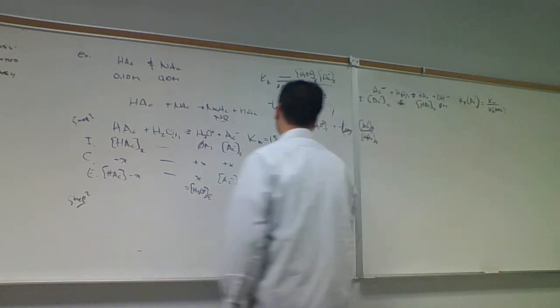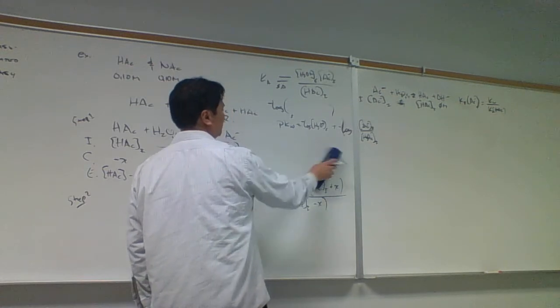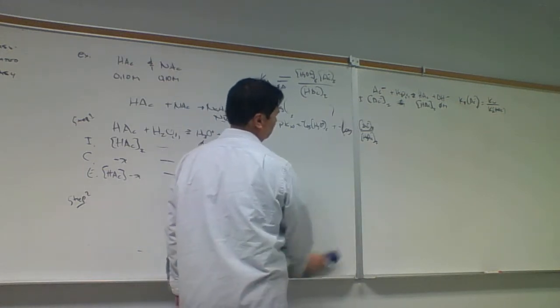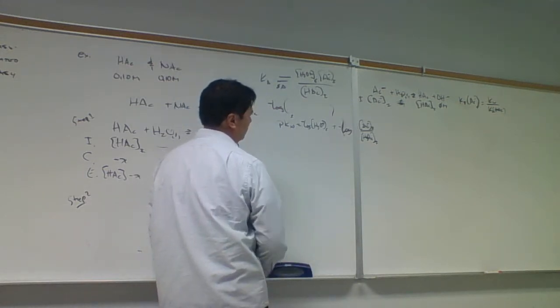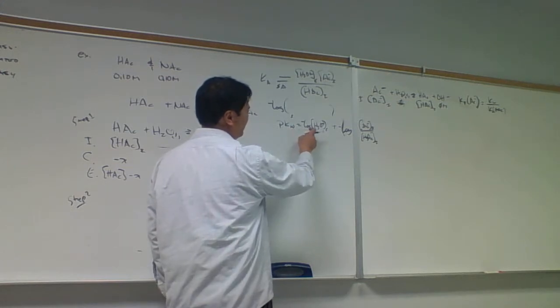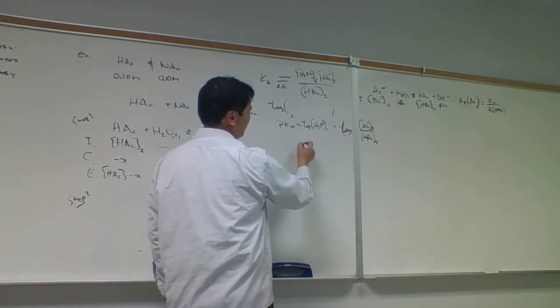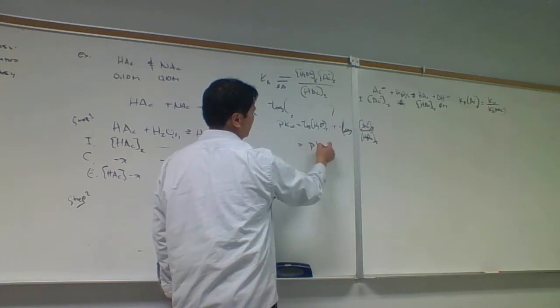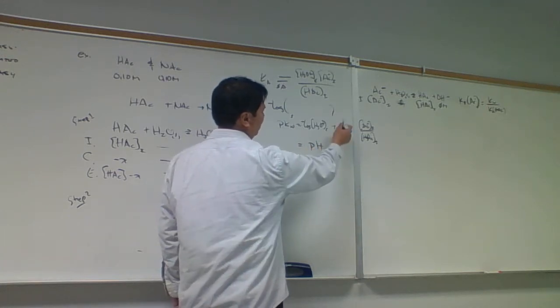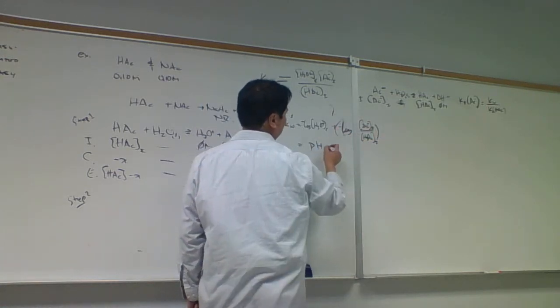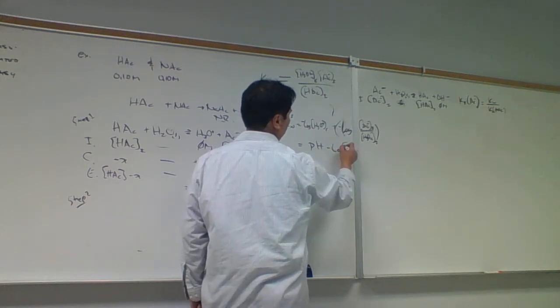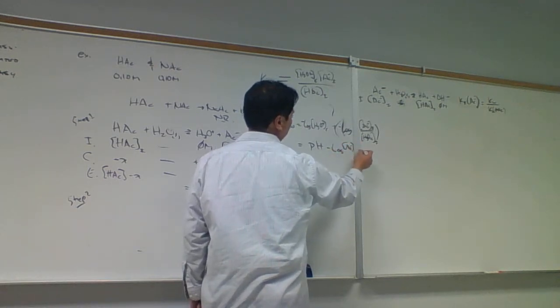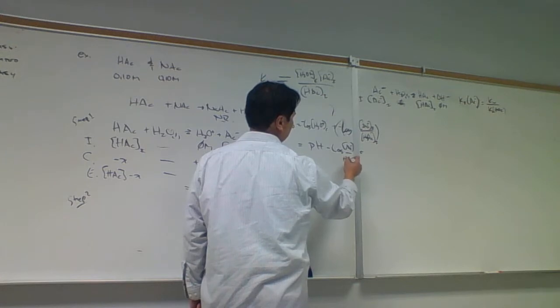So let me just continue going down here. Well, what is the negative log of the hydronium? The negative log of the hydronium is just the pH. And then this we're going to leave as is, minus the log of the acetate initial over the acetic acid initial.